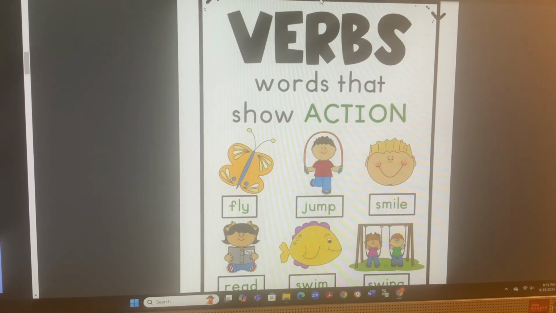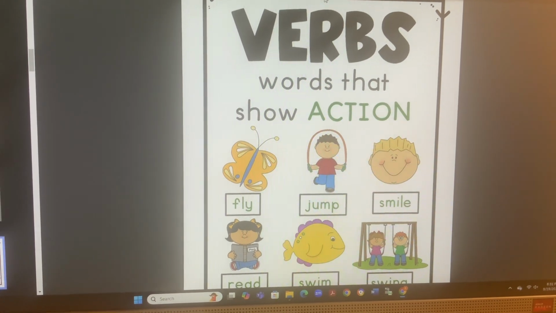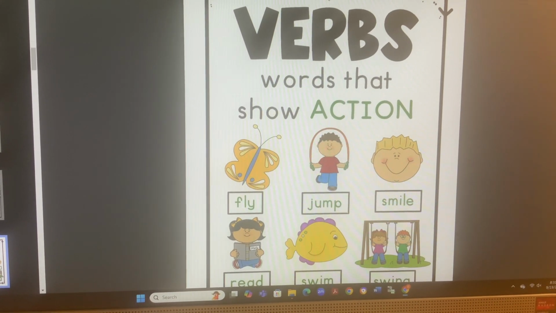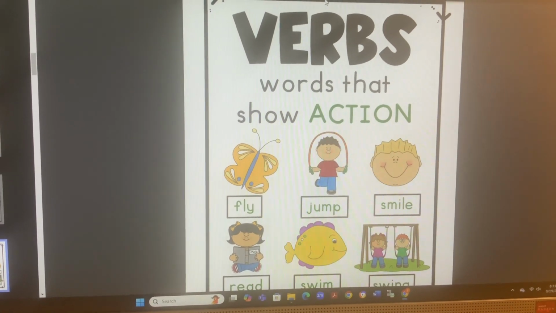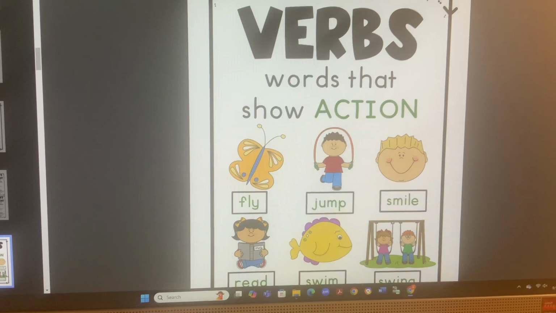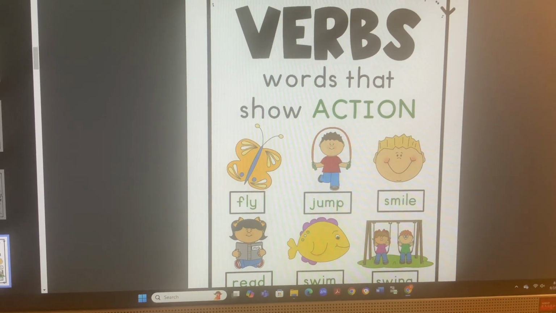An action is something you can physically do. And then have him jump and walk and sing and clap and smile and feel how his body is doing it. And that is probably the best way.